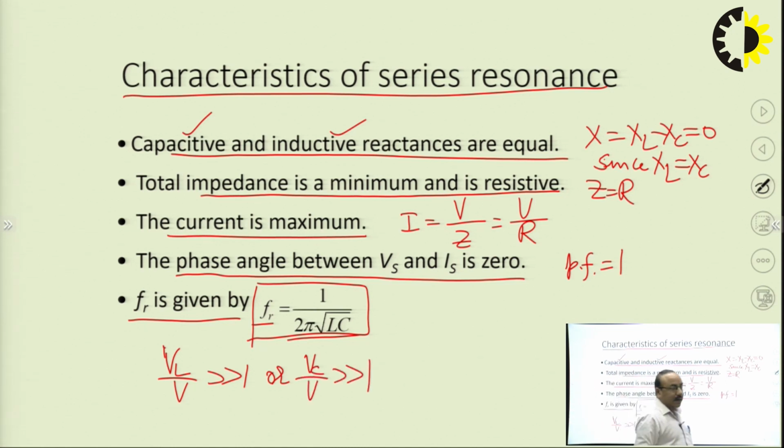In other words, it is the amplification of voltage across L with respect to supply voltage, or the amplification of voltage across C with respect to the supply voltage. That is why this series resonant circuit is also known as voltage magnification circuit, or basically voltage resonance. So, these are some important characteristics observed in series resonant circuit.